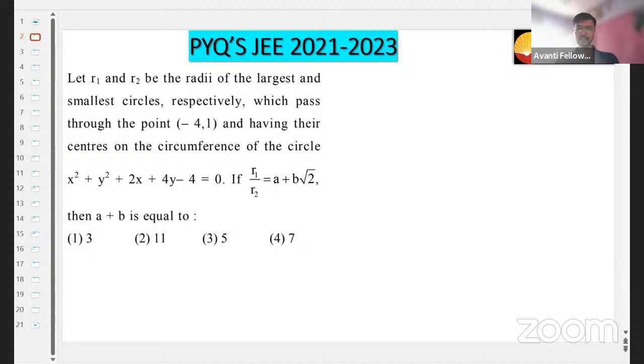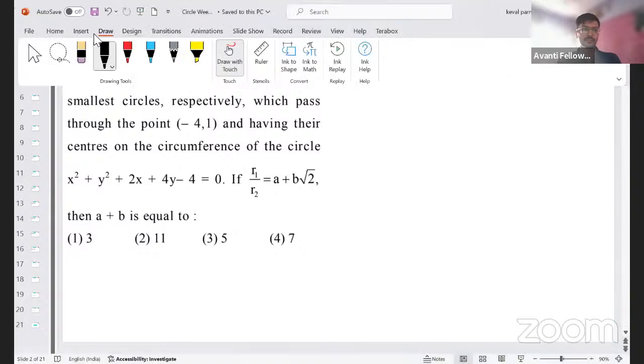So let us try to draw the diagram first. So let's draw a circle.